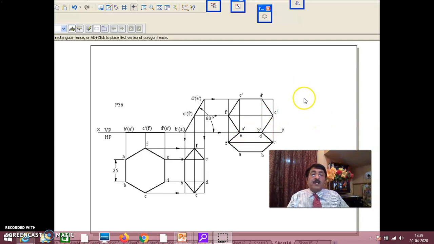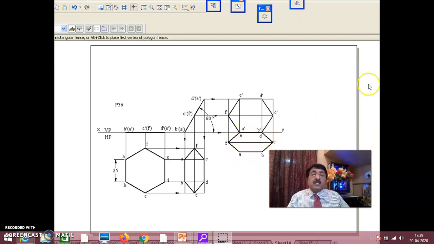Three points you get, correct? I'll show you in the other problems. That means when it is in this position, the lamina is perpendicular to RPP. It is seen as a line. When the lamina is seen as a line in any of the planes, you can immediately say it is perpendicular to that particular plane. Anyway, the problem gets over here.